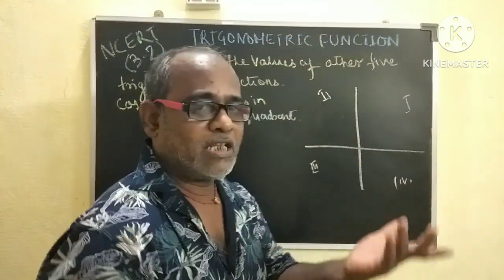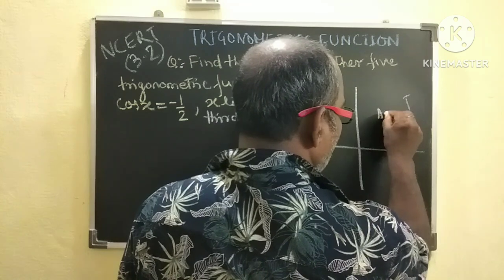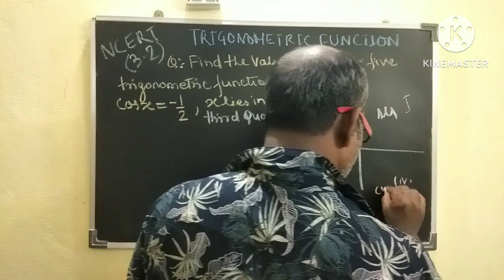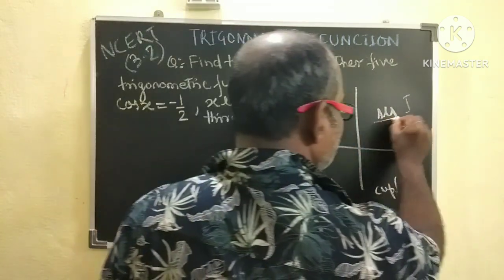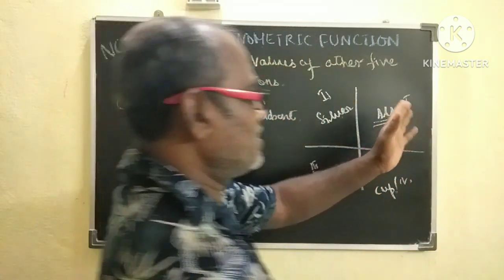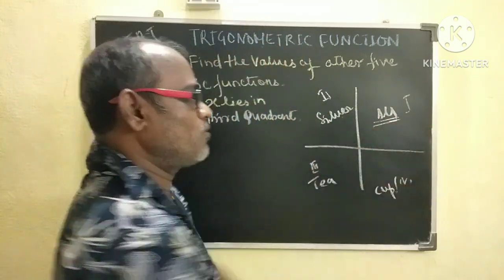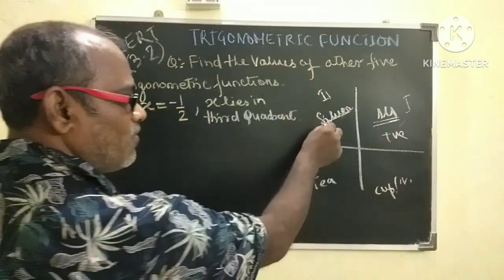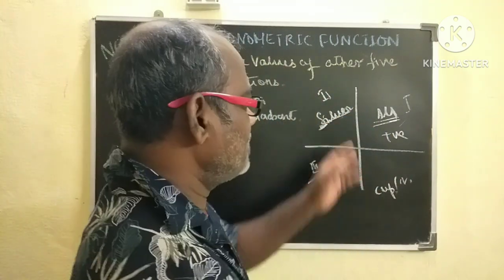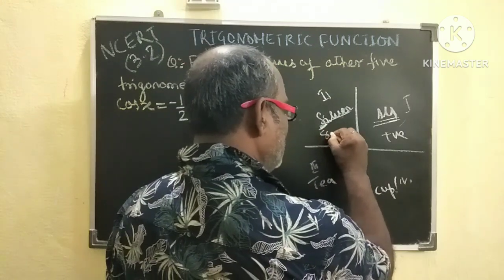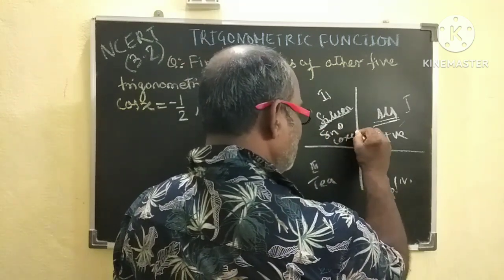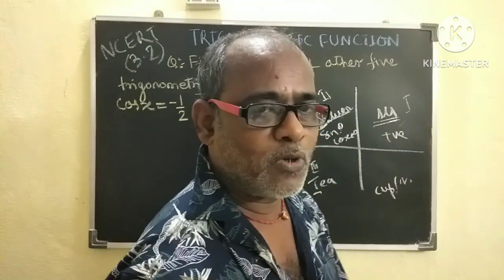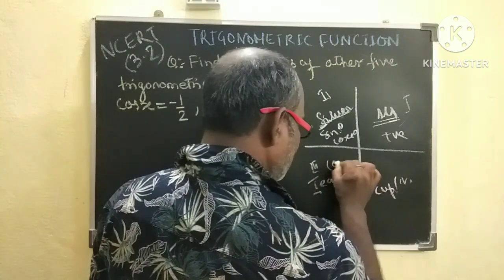One more important thing you have to mug up. When I was in my class, I used to remember it this way: here it was written "all silver tea cups". That means in the first quadrant the sign of every trigonometric ratio is plus. So all trigonometric ratios are positive. In the second quadrant, S for silver, so only sin theta and its reciprocal cosec theta are positive. In the third, T for tan, that means tan theta and cot theta are positive.